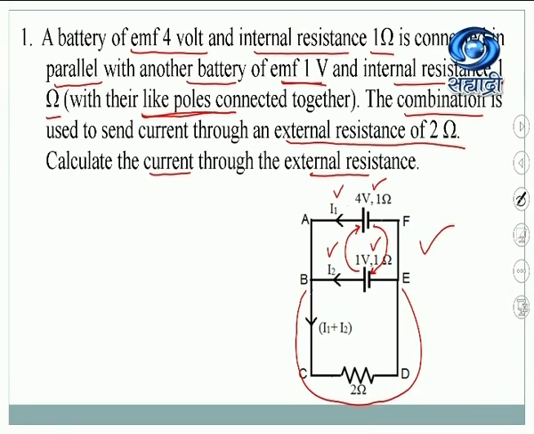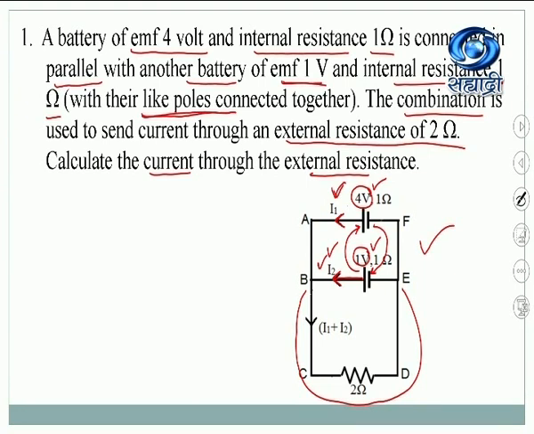When we draw the diagram, suppose this is a battery having EMF 4 volt. From the positive terminal I have drawn this current like this, I call this I1. Similarly, another battery having 1 volt EMF, from the positive terminal I have drawn this current I2 in this direction. Therefore, the total current, I1 plus I2, goes through the external resistance of 2 ohm.